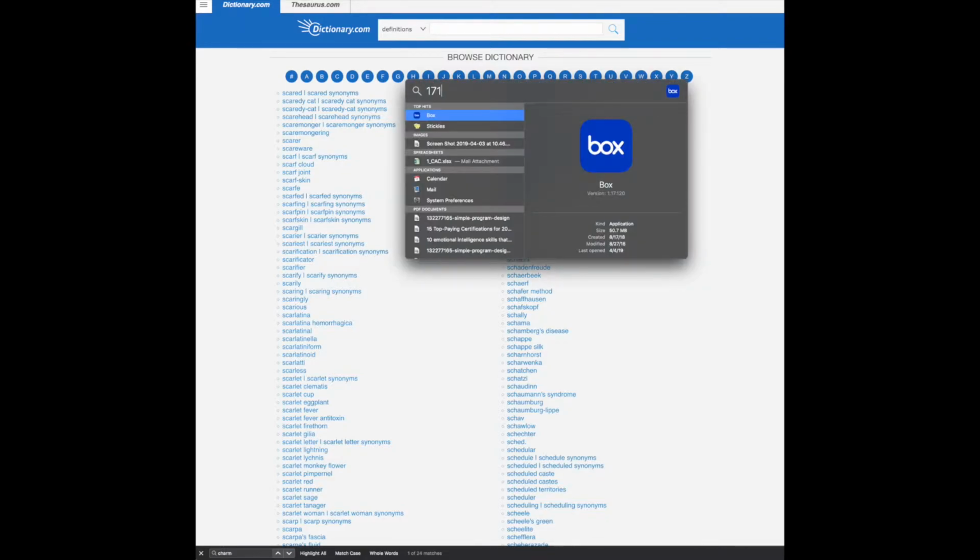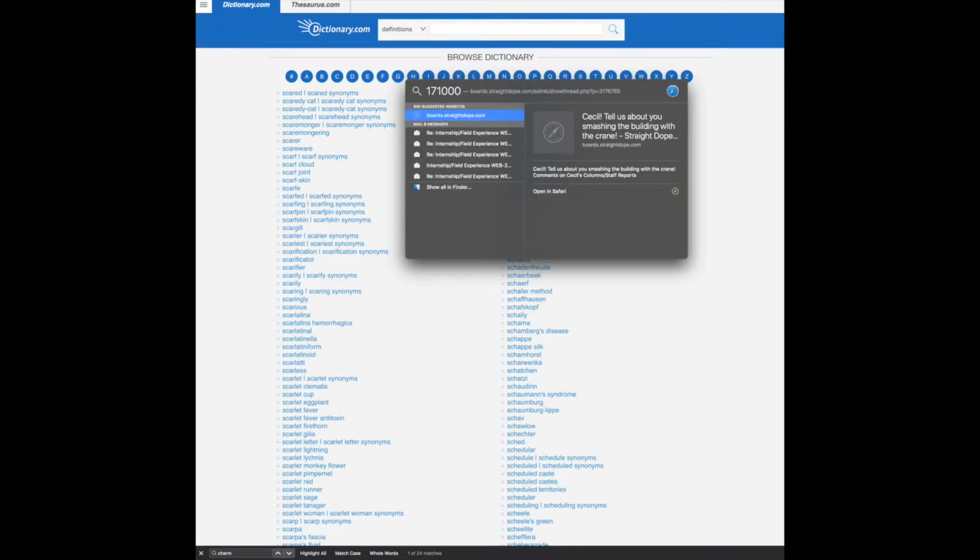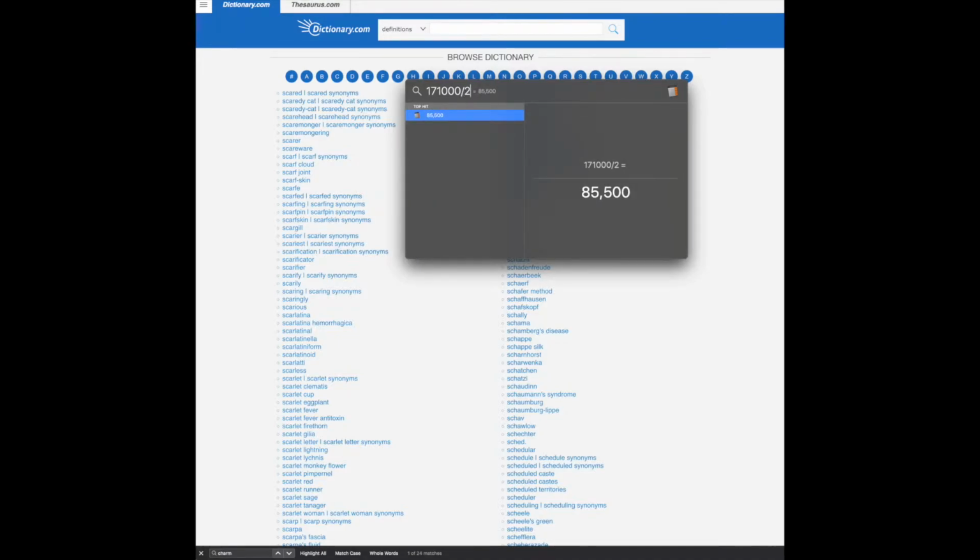We've got 171,000 words in the dictionary. I divide that by 2. I now have 85,000 records to sort through. The next time I divide that by 2, 42,000 records to sort through. We're getting there fast. Divide by 2, 21,000. Divide by 2, 10,000.